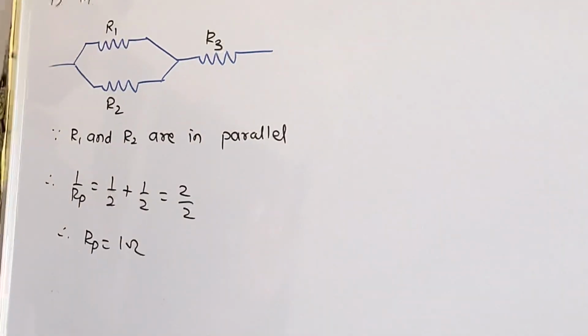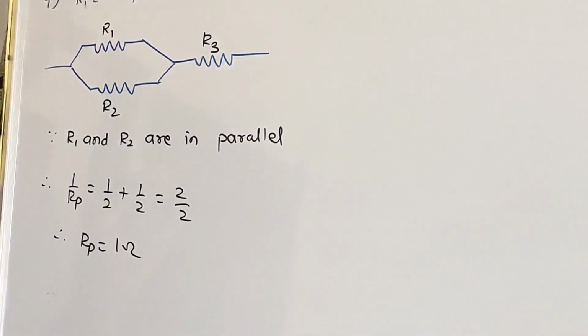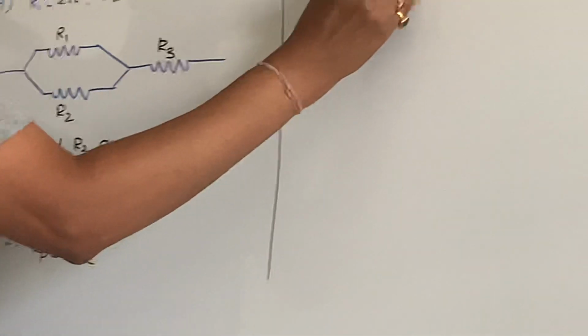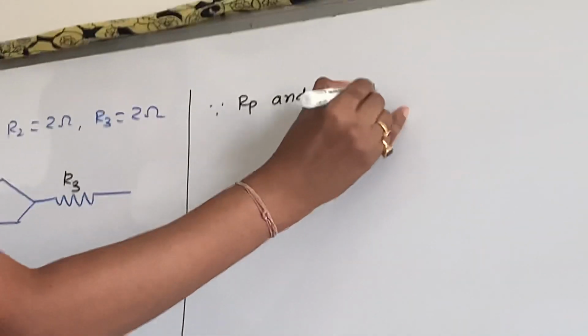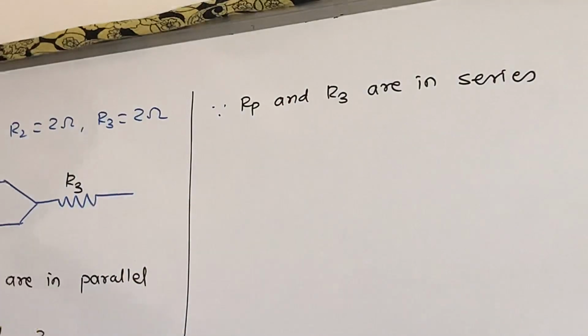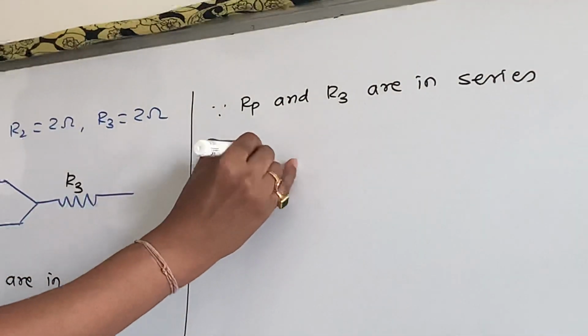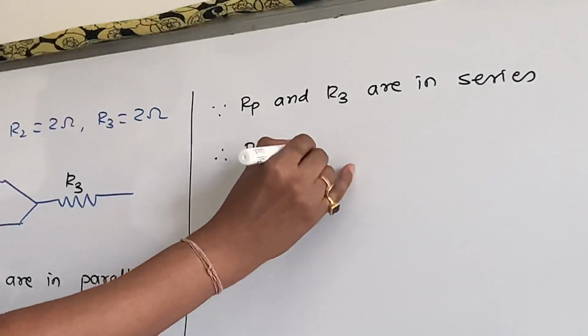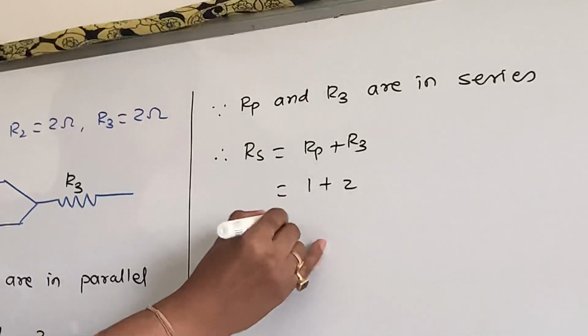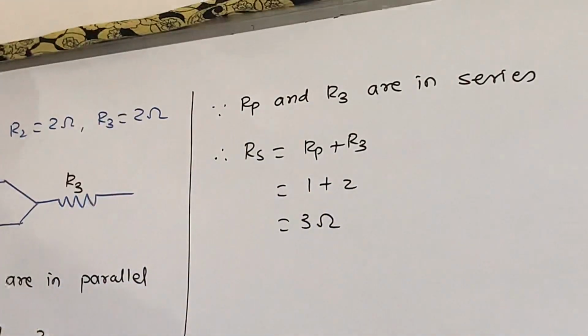Now, since your Rp and R3 are in series, how are they connected? They are connected in series. So I can write here, therefore, Rs is equal to Rp plus R3, that is 1 plus 2, that comes out to be 3.